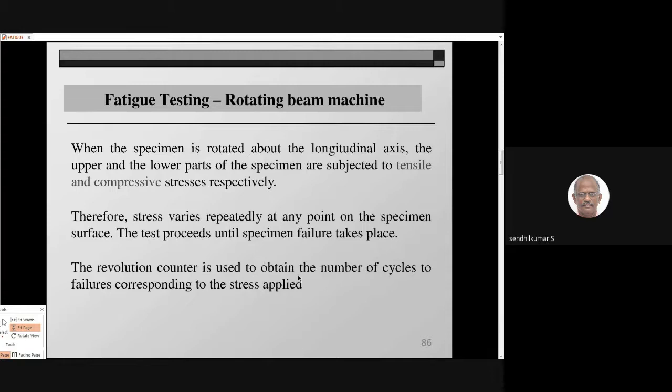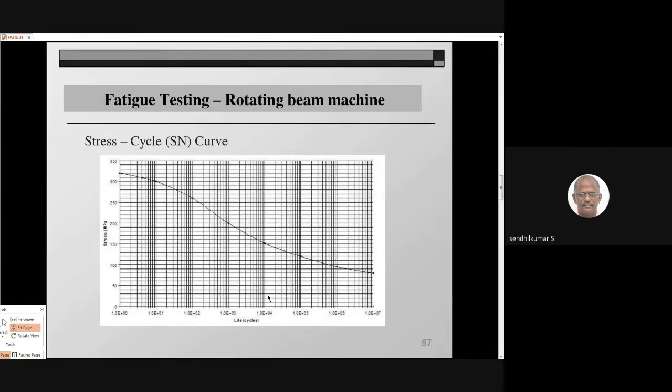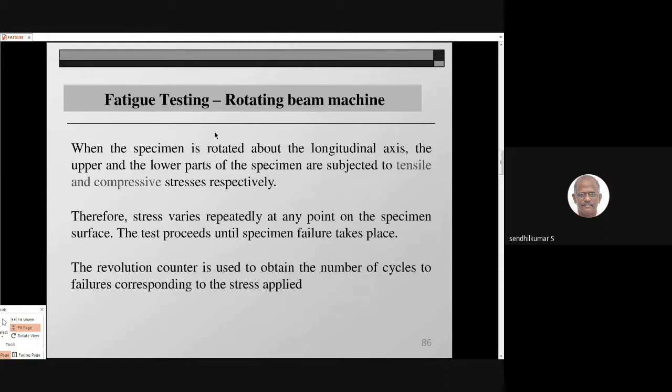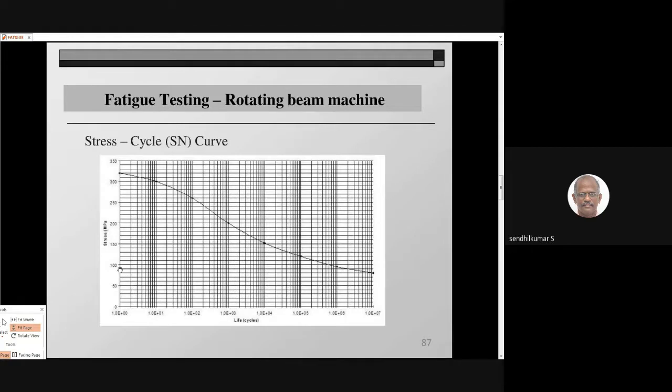The revolution counter is used to obtain the number of cycles to failure corresponding to the stress applied. Based upon this rotating beam machine, we get an S-N curve, with stress on the y-axis and life cycles on the horizontal axis. We plot that curve, which we call the stress versus cycle or S-N curve.